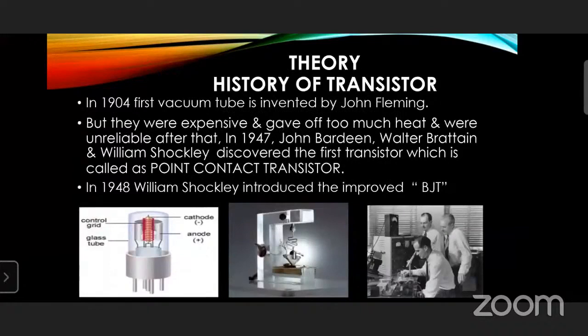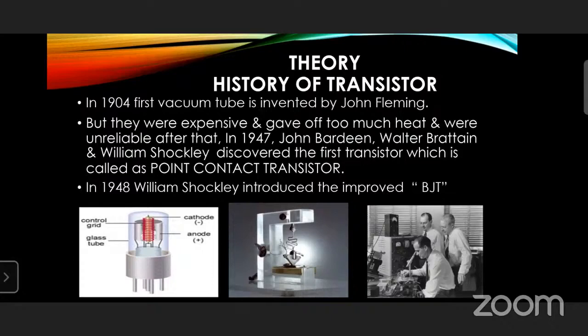Theory. First of all, we will see the history of the transistor. In 1904, the first vacuum tube was invented by John Fleming, and vacuum tubes were the only technology available at that time to amplify electrical signals or serve as switching devices in electronics. But the problem was they were expensive, consumed a lot of power, and gave off too much heat.